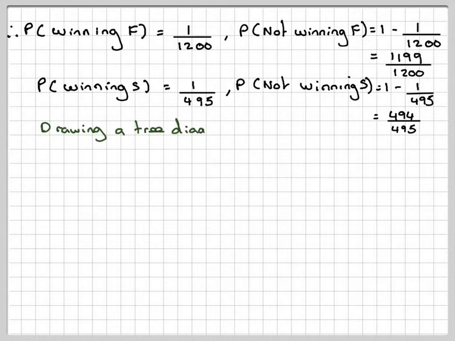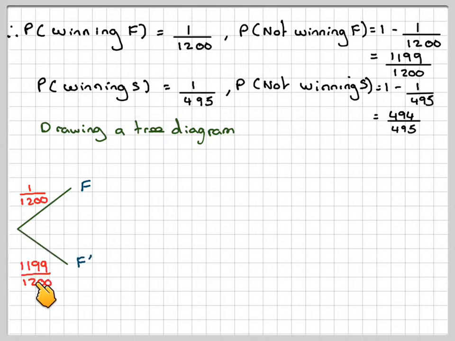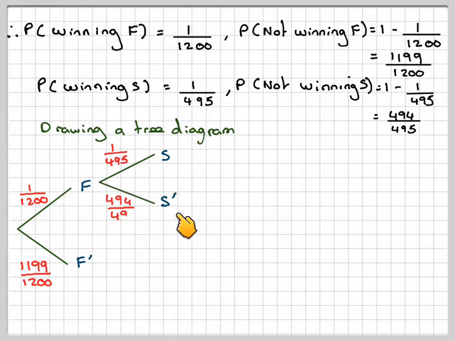Right, we're interested in winning the Friday and the Saturday lottery. So if we draw a tree diagram, first consider the Friday lottery. She can either win it, which is 1 out of 1,200, or lose it, which is 1,199 out of 1,200. If she wins the first one, on the Saturday she can either win the Saturday one, which is 1 out of 495, or not win the Saturday one, which is 494 out of 495.